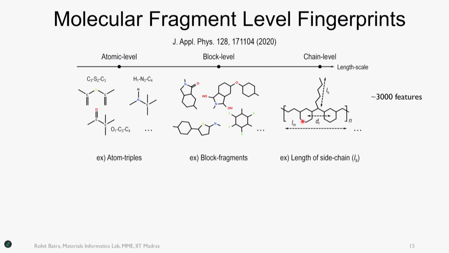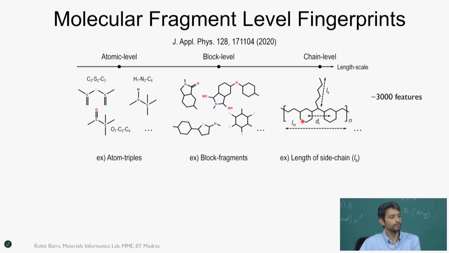For example, the length of the side chain tells a lot about the glass transition temperature. For that, the fragment length should be extremely high for you to capture it. But you cannot do that, because then the dimensionality of the features becomes extremely large. So they added a few more different levels of features to make it more comprehensive and complete.